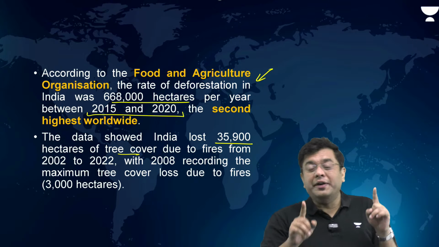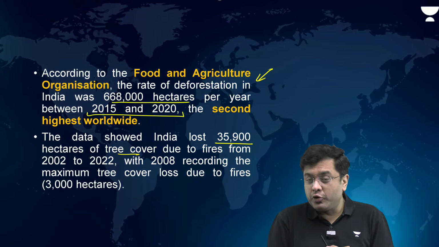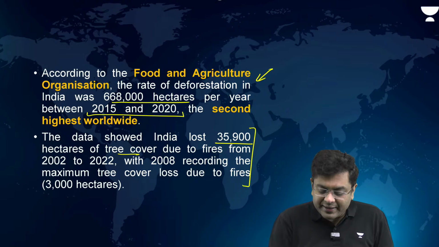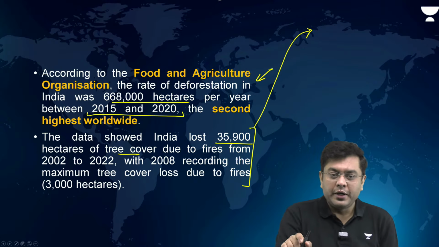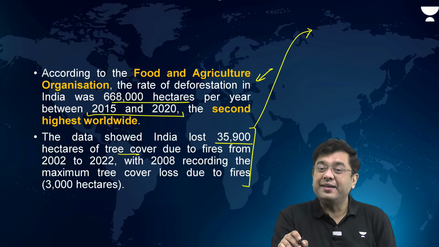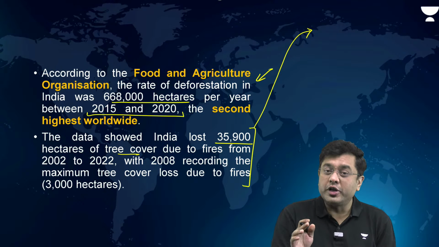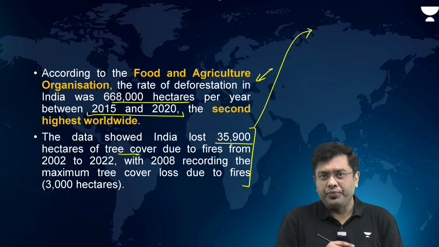Now, those of you who have seen the India State of Forest Report 2023, which are the states where forest fires are very common? Do let me know. Which are the states in India where forest fire is a common phenomenon?